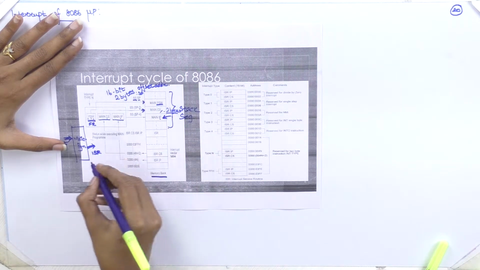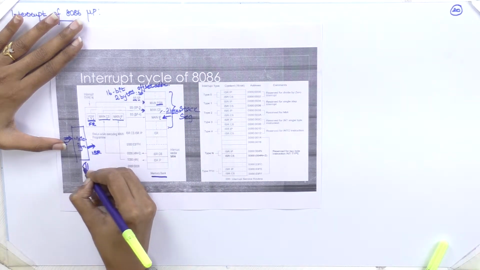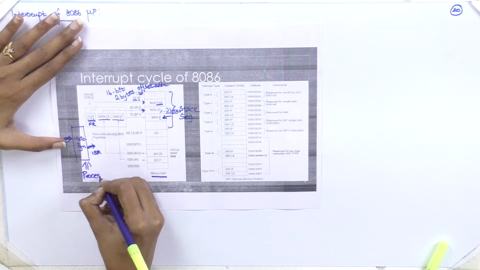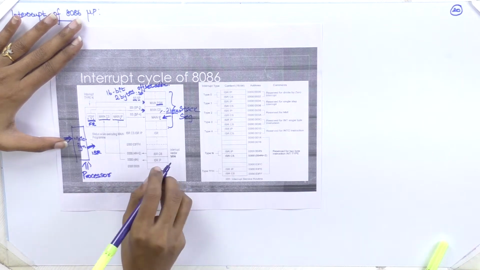So all those status registers, code segment and the IP values will be stored in the stack. Then the processor will determine what interrupt has occurred. Since it has 256 types of interrupts, it will determine what type of interrupt has occurred.